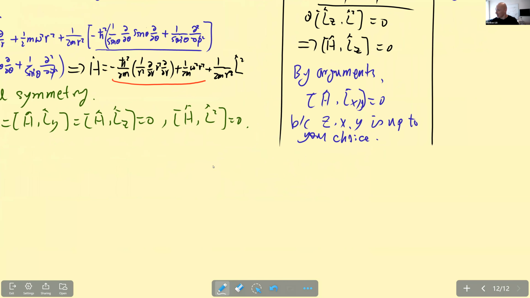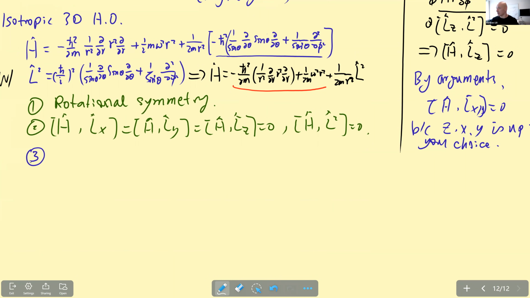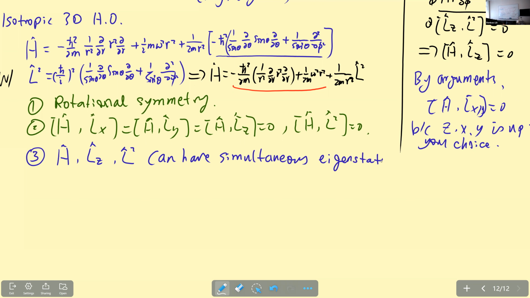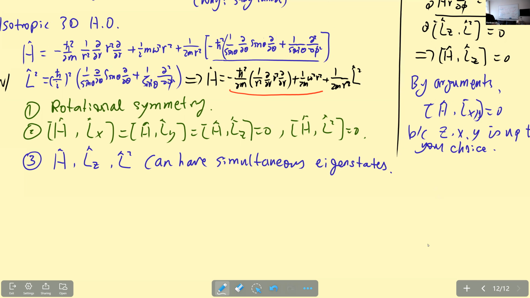So now you have this one, and from this, we should also have that H, Lz, and L squared can have simultaneous eigenstates. Okay. I will talk more about this in the general theory, but let's just write down the solutions for the 3D isotropic Hamiltonian.